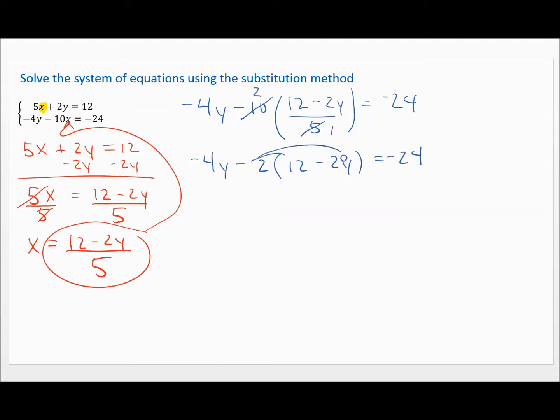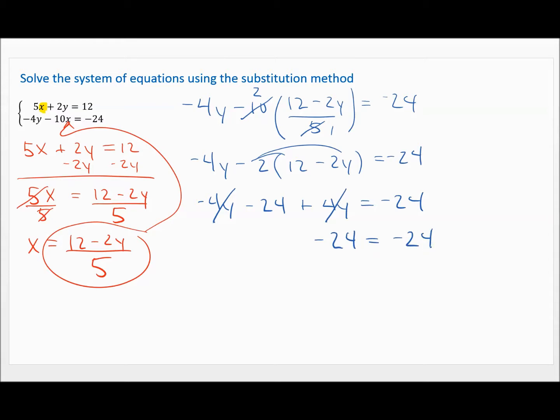And now I use the distributive property. So I have negative 4y minus 24 plus 4y is equal to negative 24. Now look, negative 4y and plus 4y cancel out when I combine like terms. I get negative 24 equals negative 24.